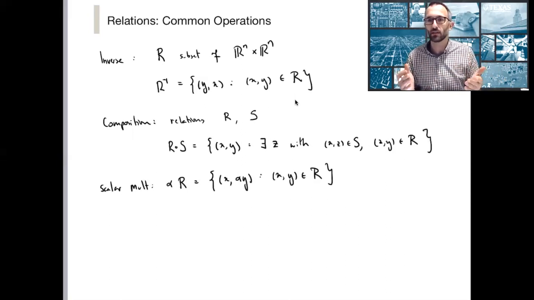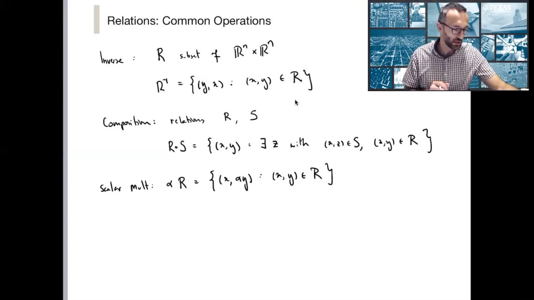And that will tell us immediately why scaling R isn't like scaling a set. If I just have a subset and I talk about scaling, I would be scaling each coordinate. Whereas for relations, we want to really think about this as being an operator, as a graph of an operator. And so scaling really corresponds to just scaling the second coefficient.